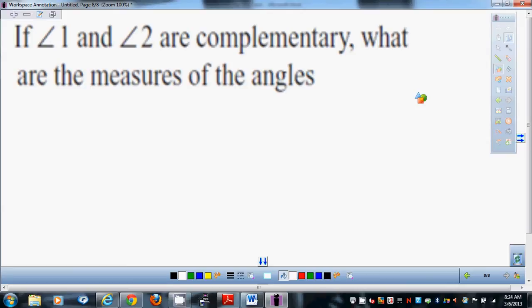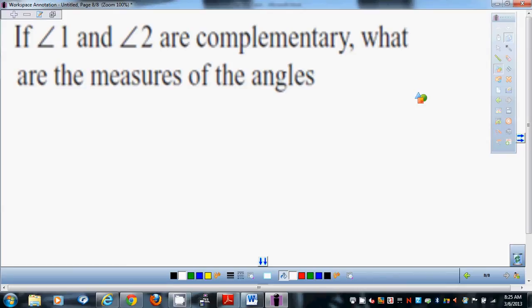I will call on you in just a second. But first, I'm guessing so many people don't know because they don't know the vocab. Madison, what does complementary mean? That's right. It means that two angles add to 90.